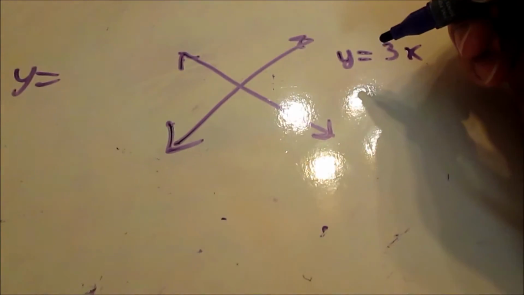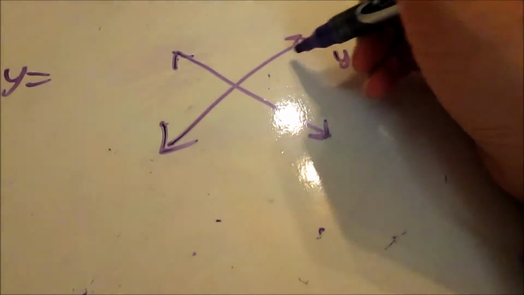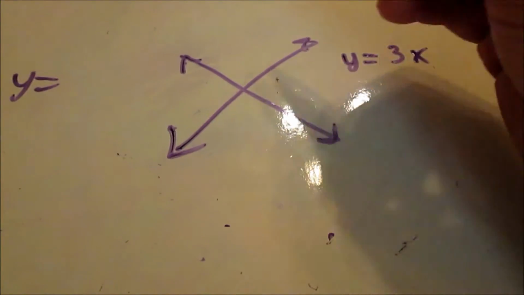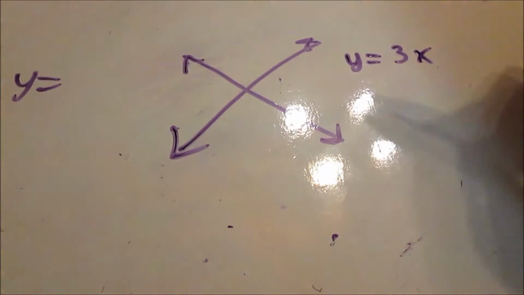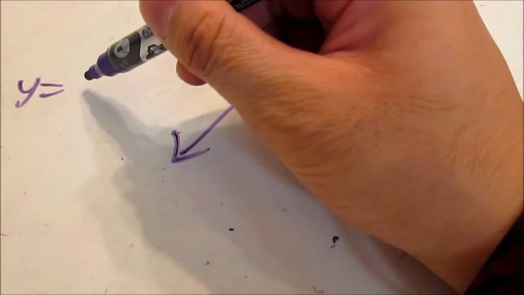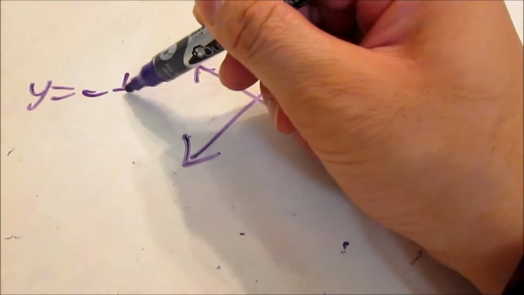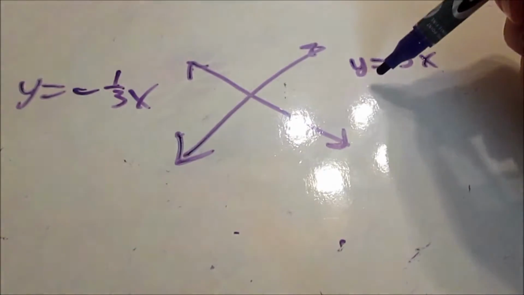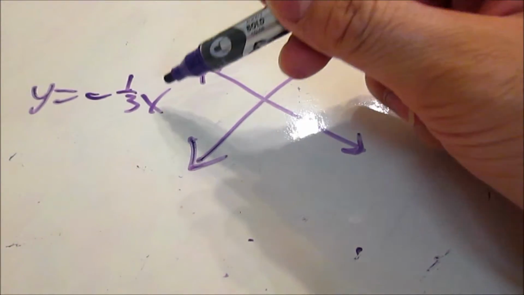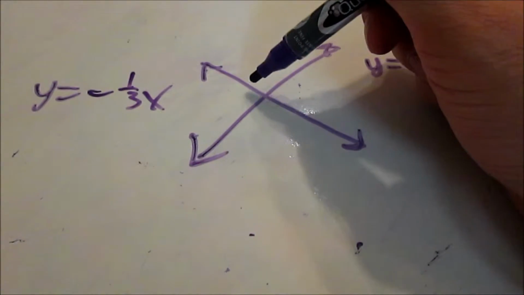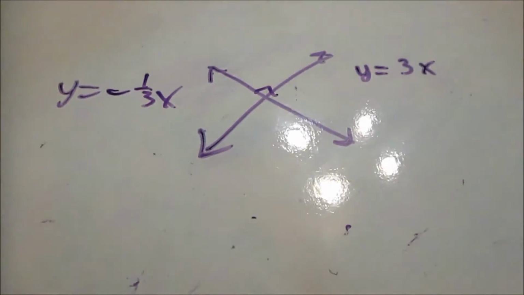Another example of perpendicular lines. Let's say this line is y equals 3x. This line will have the opposite reciprocal slope. That means it will be negative, and the reciprocal of 3 is 1 over 3. Y equals 3x, y equals negative 1 over 3x. They are perpendicular lines.